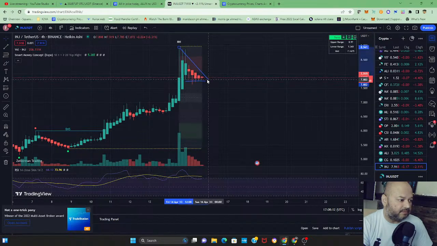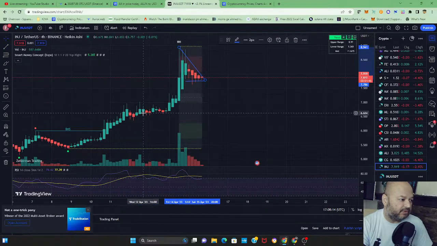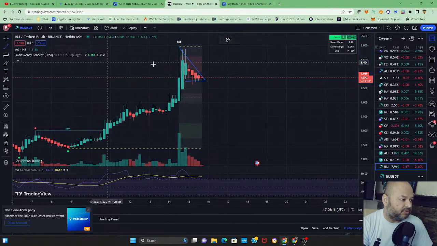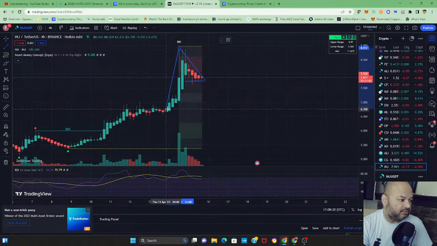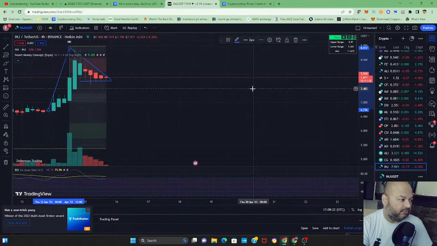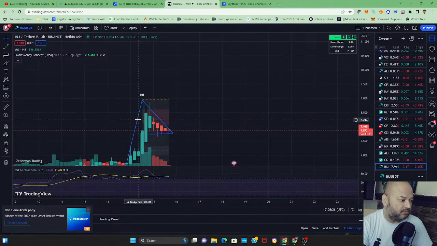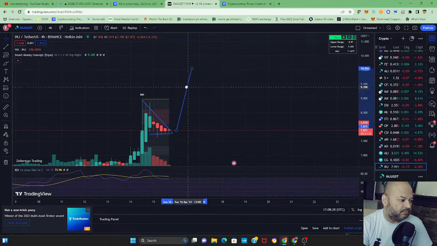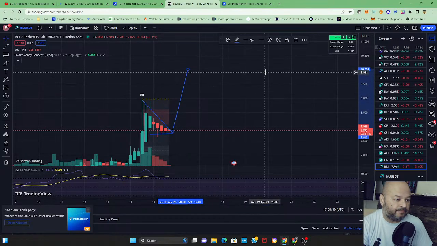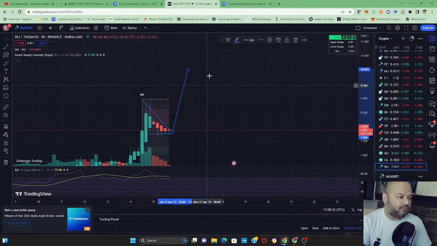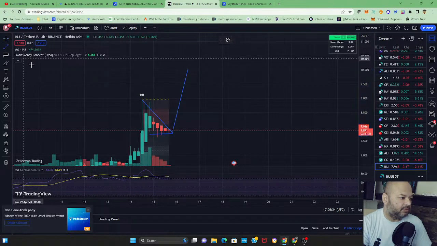That's what they call it. And if I take the base of this symmetrical triangle, where I can draw the pole for the price action, it can go up to $10. So that could be our target easily.